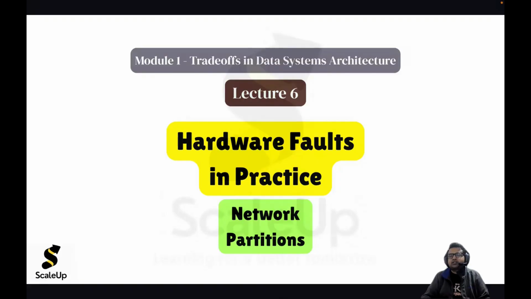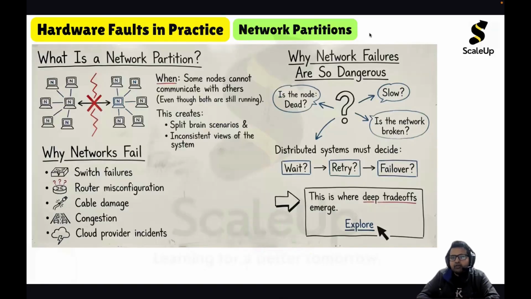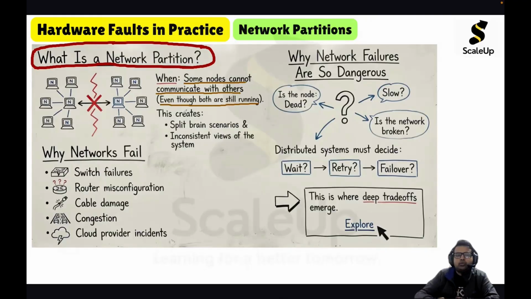Network partitions. First let us understand what a network partition is. It is when some nodes cannot communicate with others, even though the nodes are running. Network partition means I have a network of many nodes. These nodes are all running, but they are not able to communicate with each other.